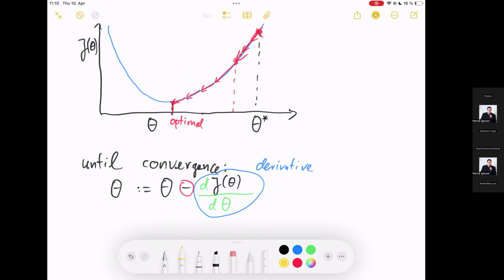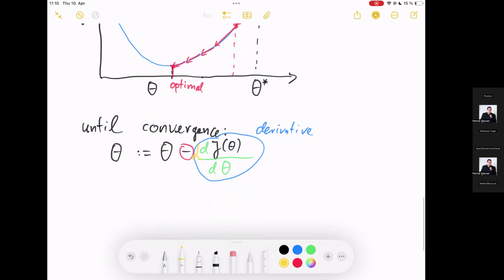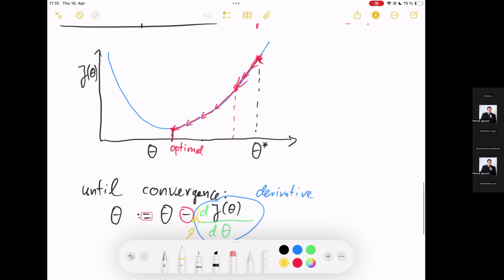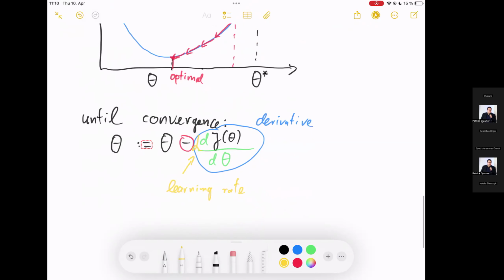And what I'm putting here is an alpha. So I'm multiplying alpha with that change. And this alpha is called the learning rate. So I can make the learning rate maybe very big, then it converges very quickly. But maybe the learning rate is too big, because the learning rate is a so-called hyperparameter.